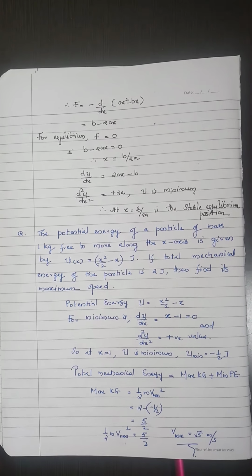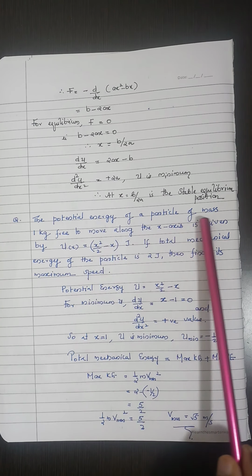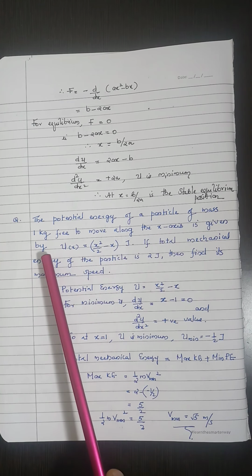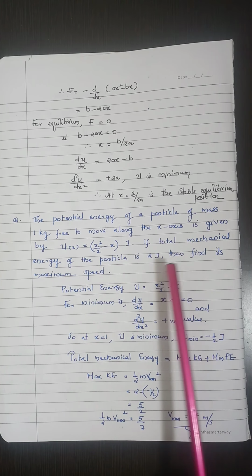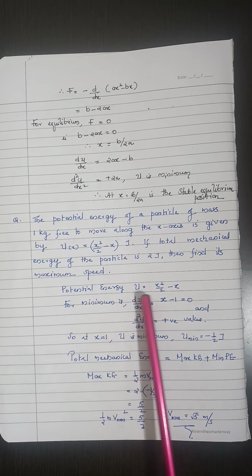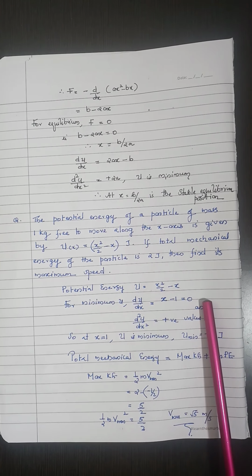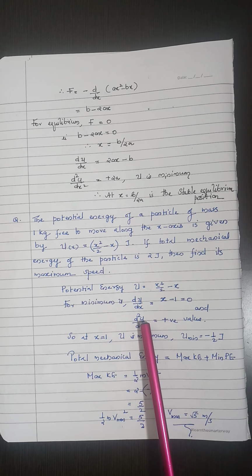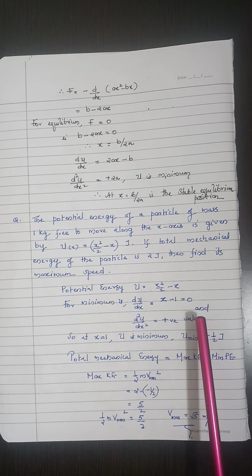A very good concept is coming again. The potential energy of a particle of mass 1 kilogram, free to move along the x-axis, is given. If the total mechanical energy of the particle is 2 joule, then find its maximum speed. Here the potential energy is given. For a minimum, its first derivative should equal 0. If you differentiate again, we get a positive value, and hence we can say it is stable.